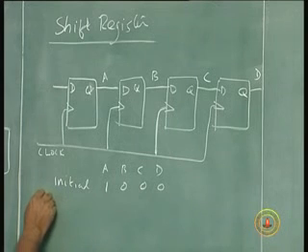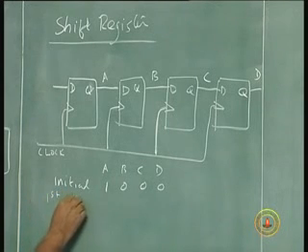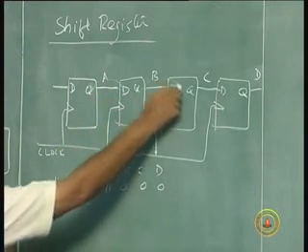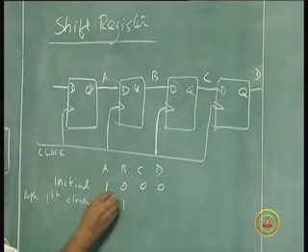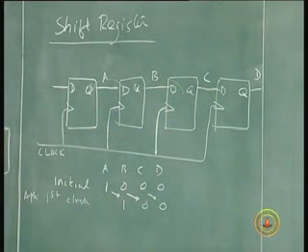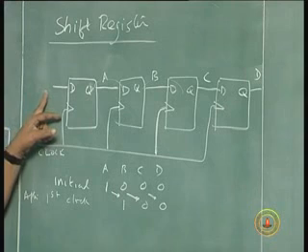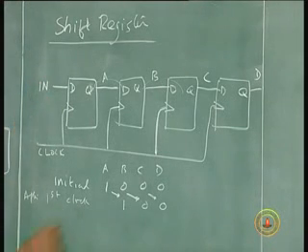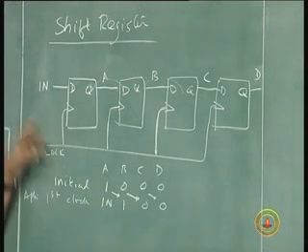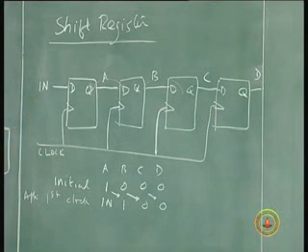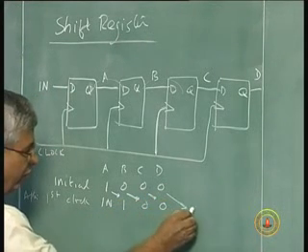Then after the first clock pulse, because this is connected here, this connected here, this connected here, this one will go here. Whatever value I give, I will call this input value IN. That IN will come here, is it not? The new value. And this 0 will be bumped off, gone.